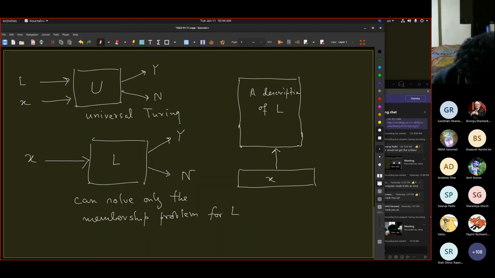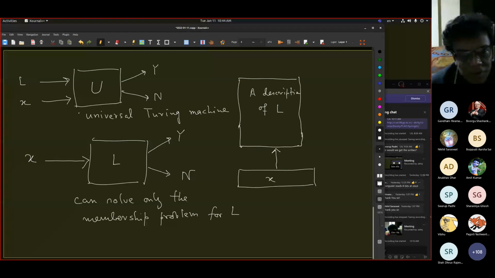Sir, such machine does not exist, right? This machine exists. At the end, we will see how we can build this machine, but its language itself is a little bit complicated.